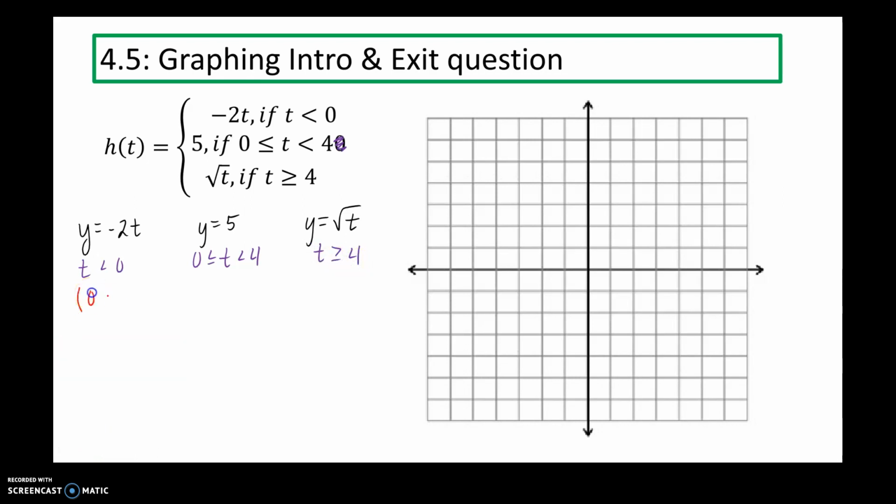So when we plug those values in, I'm going to get an output. That'll be an open circle. 0, when I plug 0 into my middle piece, that'll be a closed circle. But when I plug 4 in, it'll be an open circle. And then for the last function, when I plug 4 in on my last function, that'll be a closed circle.